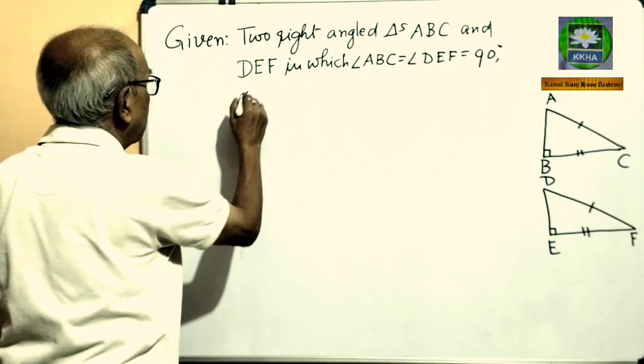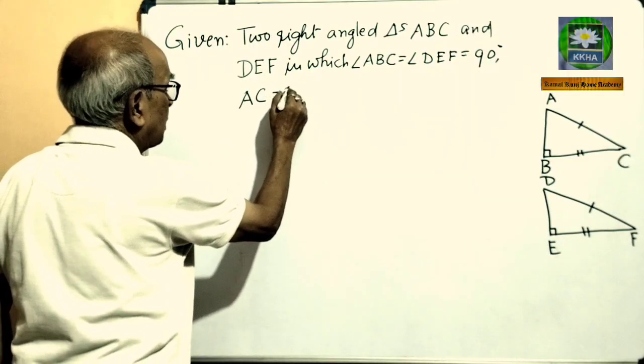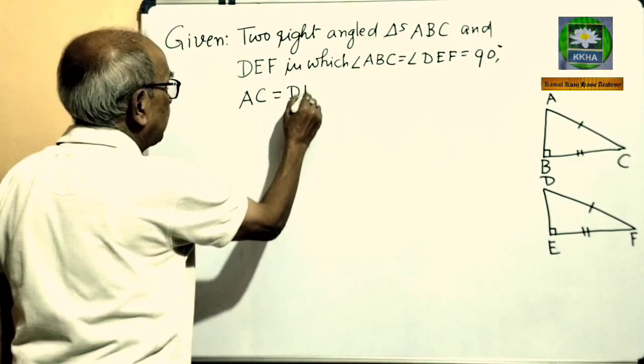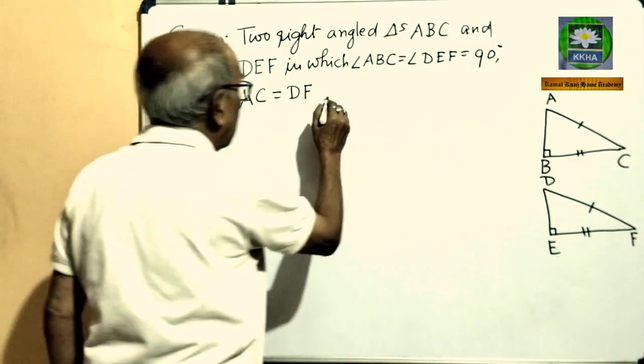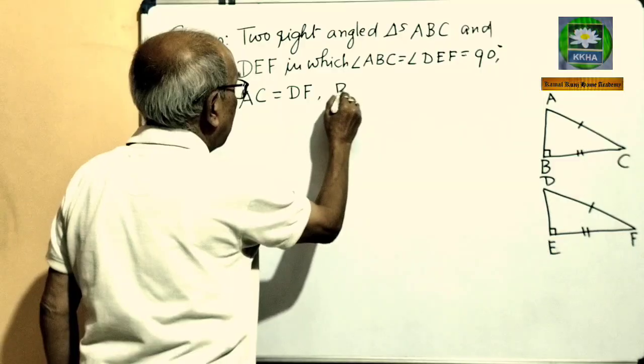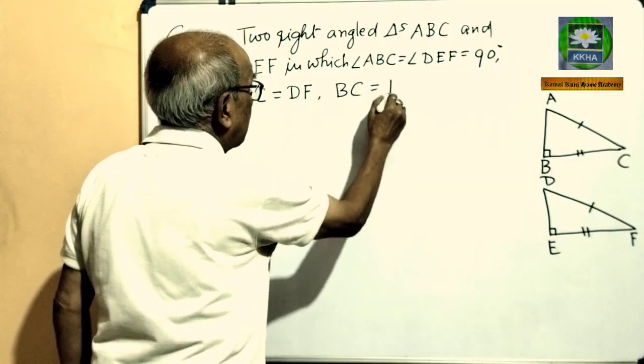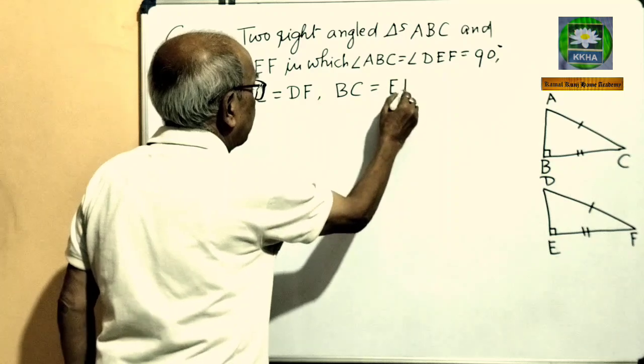Hypotenuse AC is equal to hypotenuse DF and one leg BC is equal to EF.